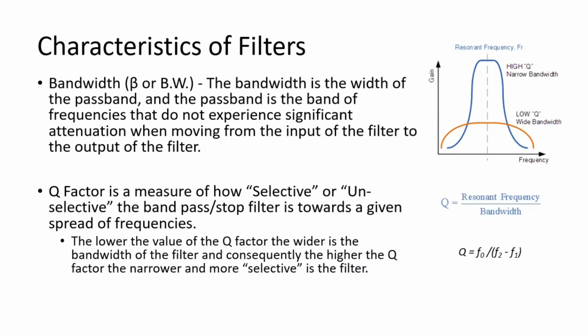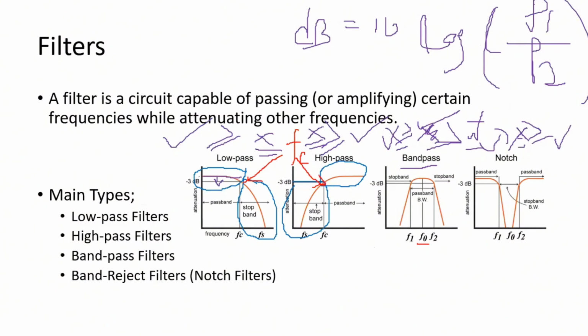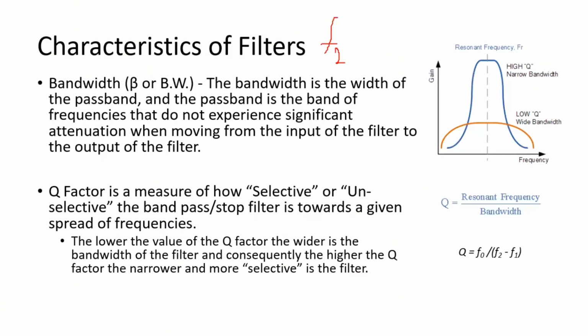Let's say F2 is the upper cutoff frequency and F1 is the lower cutoff frequency. F2 minus F1, we can get the bandwidth.